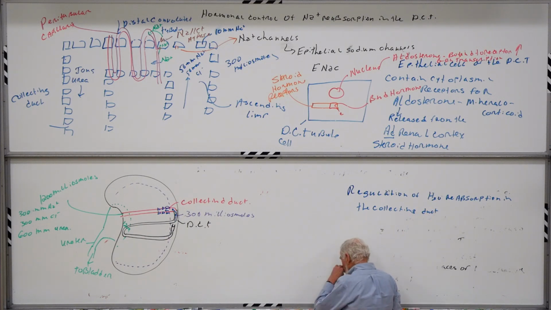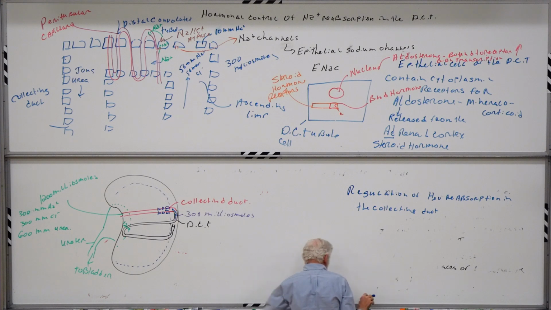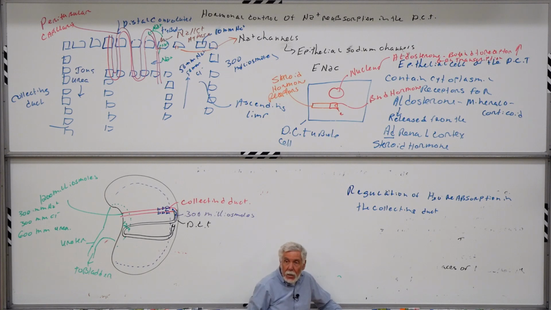Now let's take an extreme example again. One where you haven't really had anything to drink for a couple of days. So you're really, really thirsty. So under circumstances where you're exceptionally thirsty, what do you want to do? You want to retain as much water as possible.